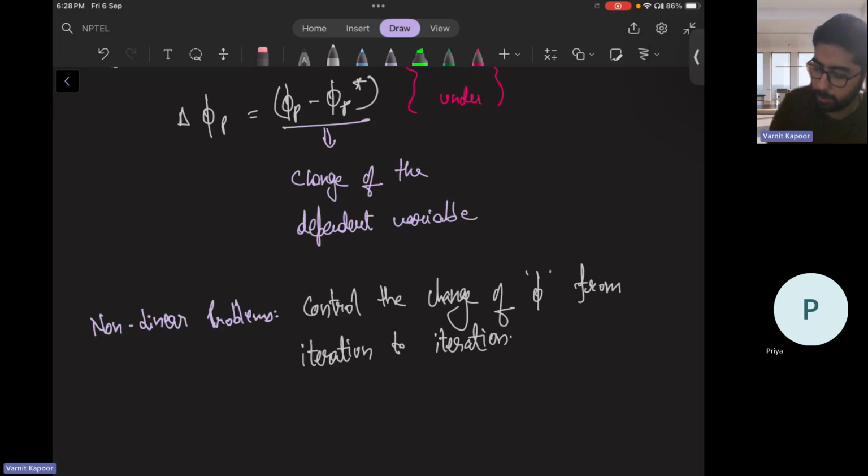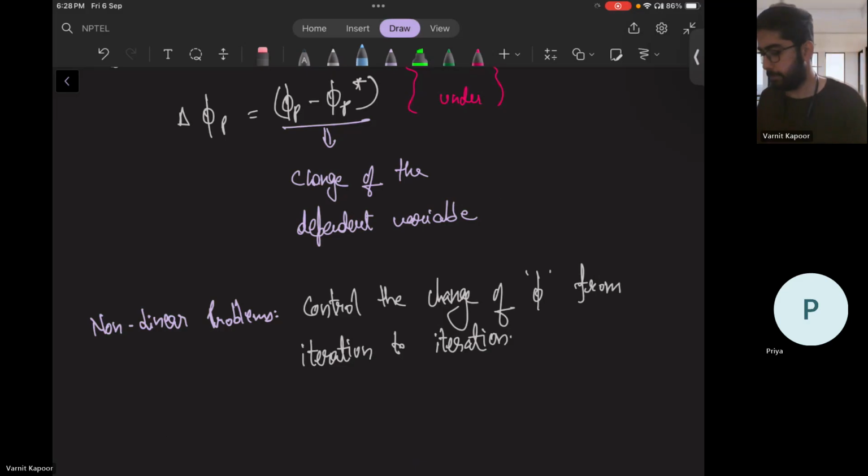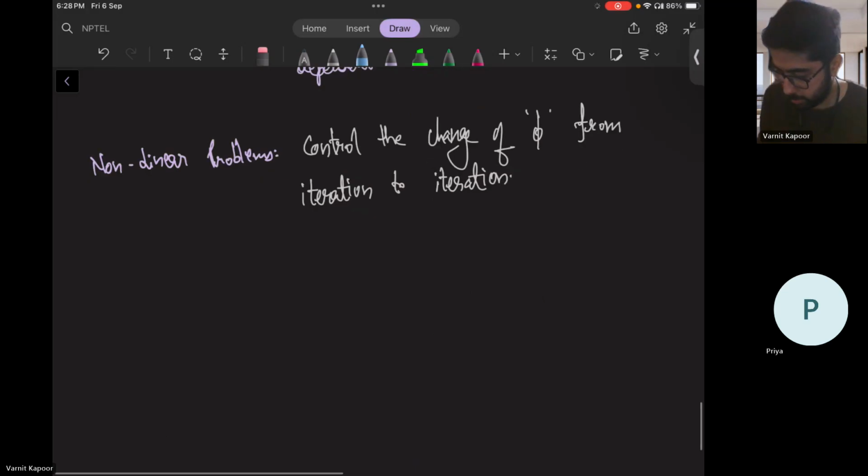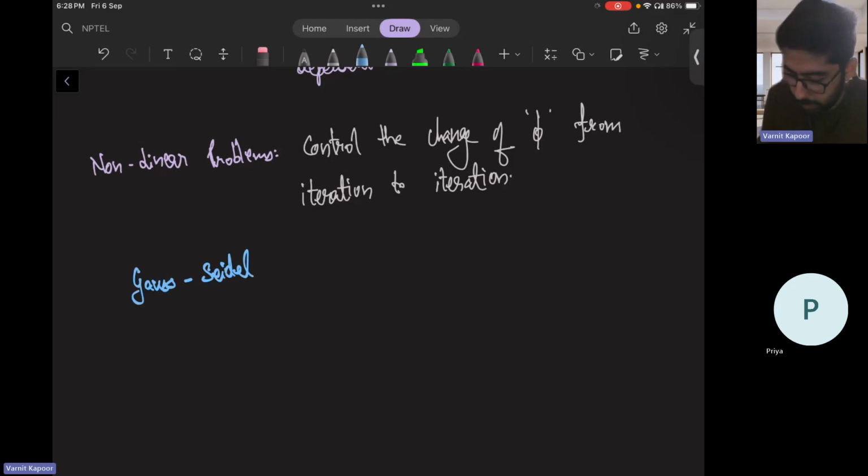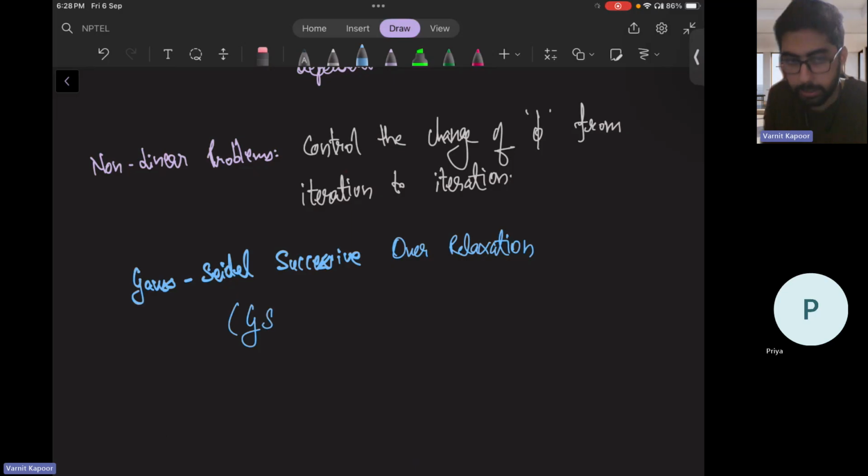So there's one scheme that is Gauss-Seidel successive over relaxation. That is nothing but GS SOR. And for nonlinear problems, there can be under relaxation as well.